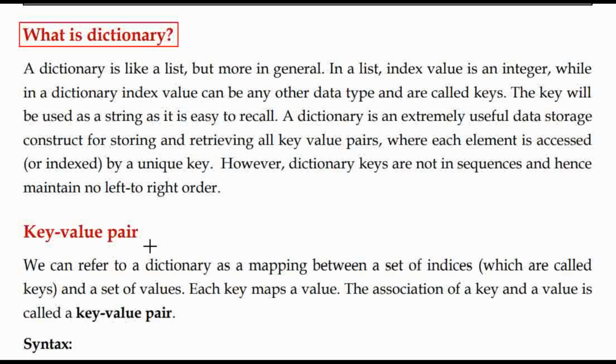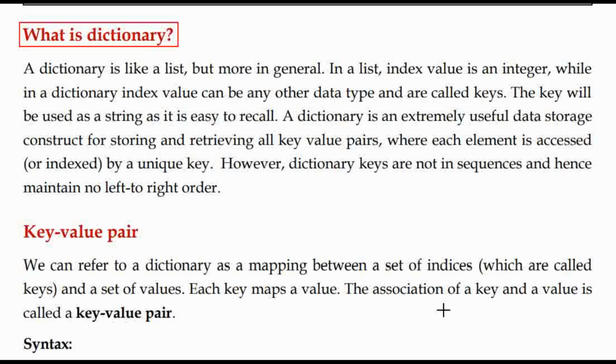Key value pair. We can refer to a dictionary as a mapping between a set of indices, which are called keys, and a set of values. Each key maps a value.